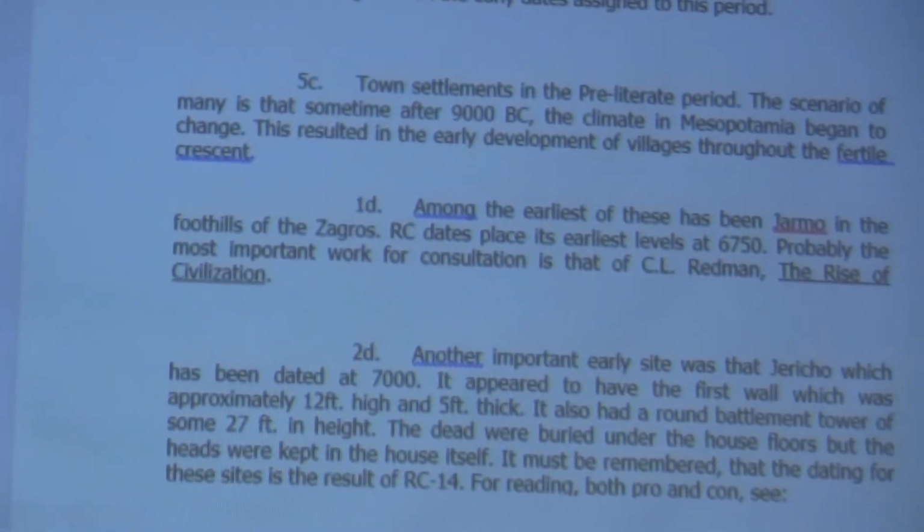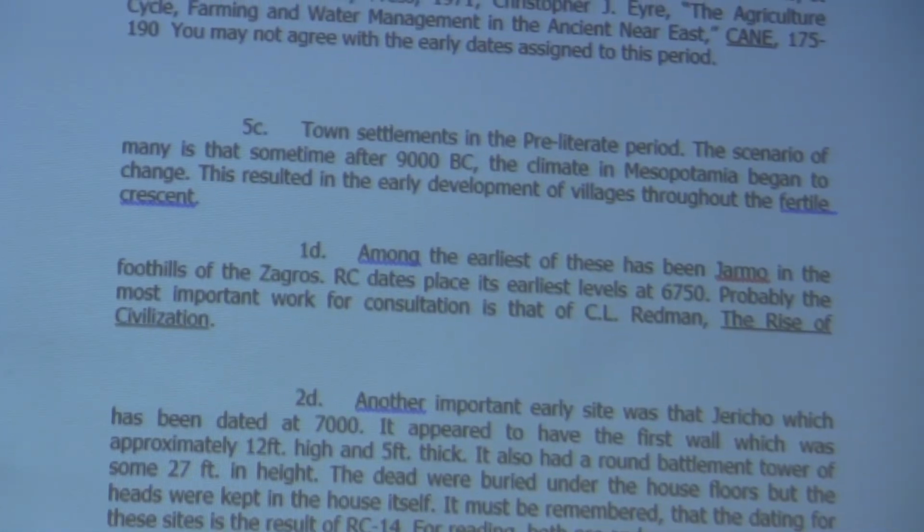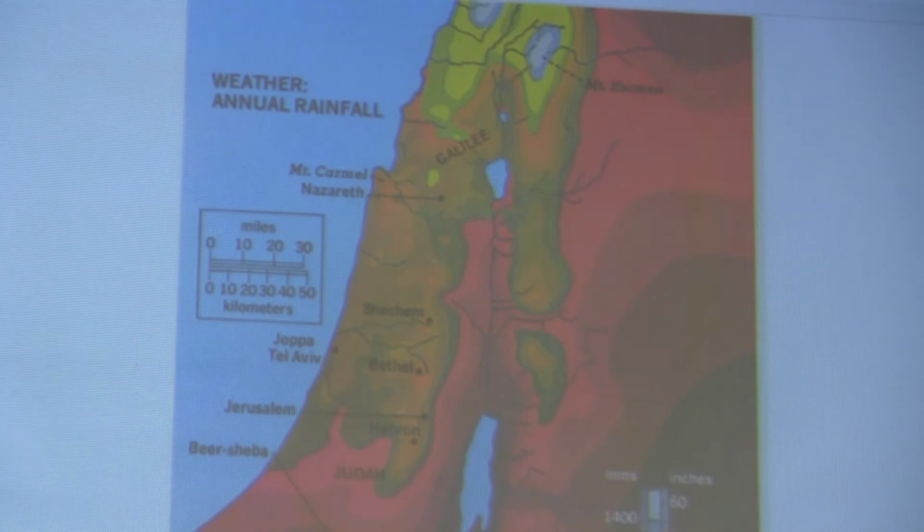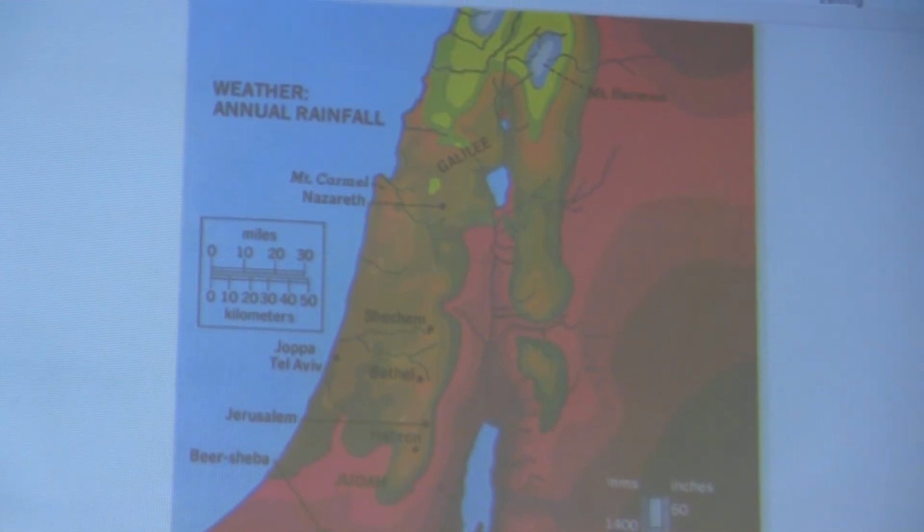So the scenario is that after 9000 BC, the climate in Mesopotamia began to change, and then this resulted in the early development of villages throughout the Fertile Crescent. Now, I need to give you a picture of this word Fertile Crescent because we're assuming that you know this word, so I'll show you what the Fertile Crescent looks like.